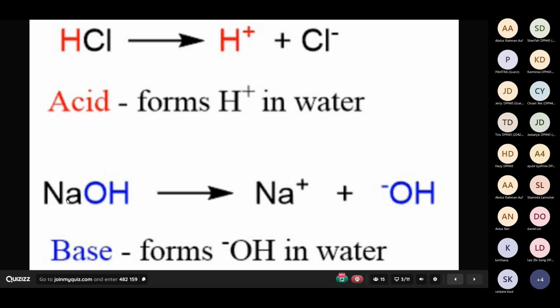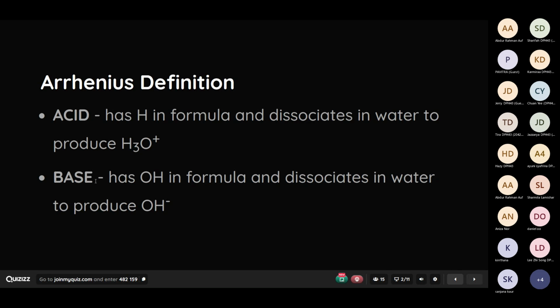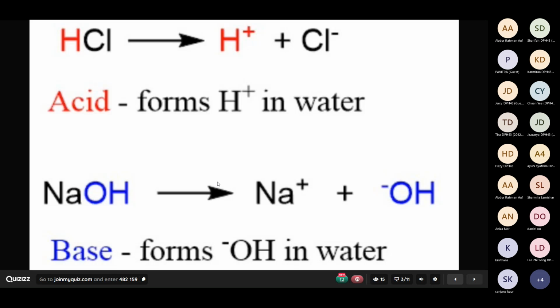Kita tengok base pula, NaOH, sodium hydroxide, dia ada OH dekat sini. So according to Arrhenius, base is something that has OH in the formula, and bila dia dissociate in water, it produces hydroxy ion. OH minus is hydroxy ion. So sama juga macam tadi, NaOH is one molecule.